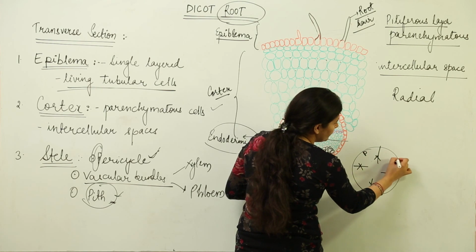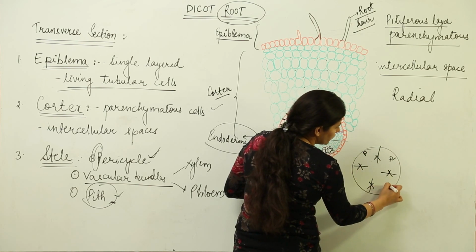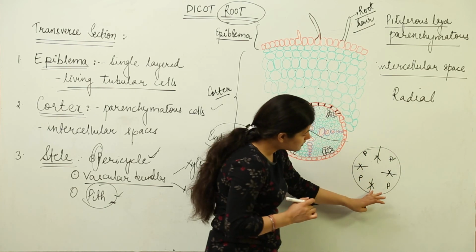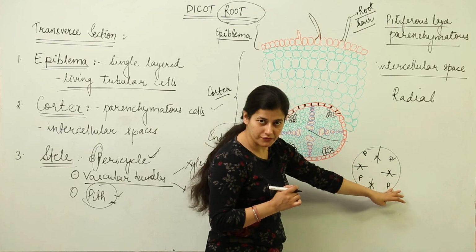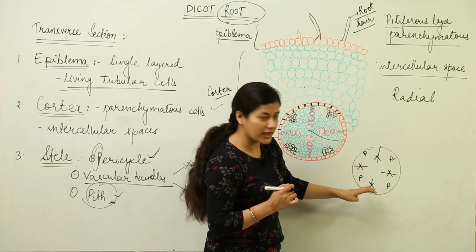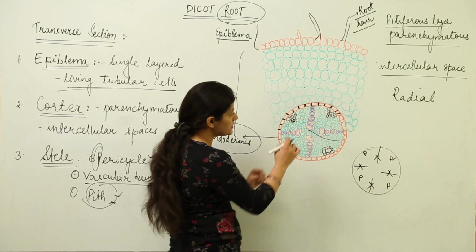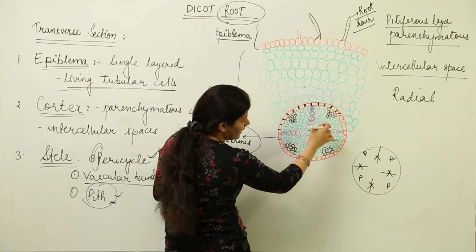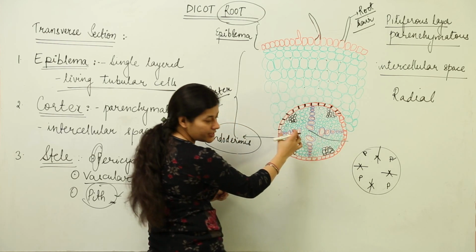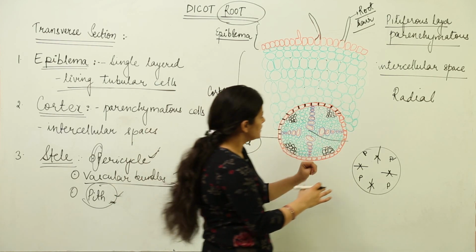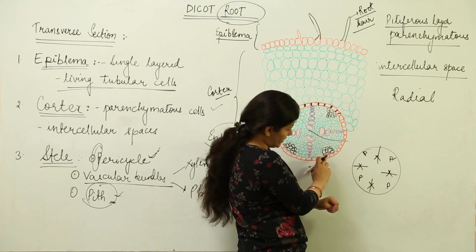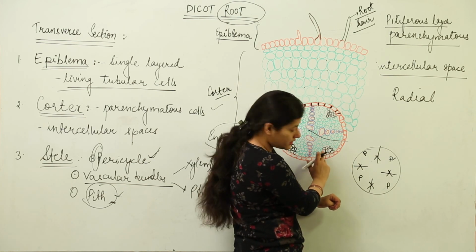Now this is xylem, this is phloem. Over here you are going to find phloem. So you see, xylem is on a different radius, phloem is on a different radius. Here also the same thing has taken place. The blue representation, as you can see, is of xylem, and the black part that I have made over here is phloem.